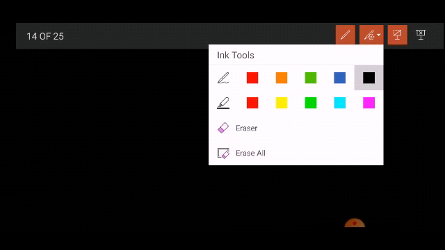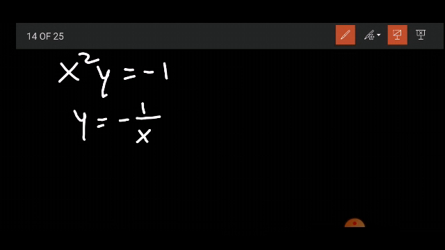So let's say x square y equal to minus 1. Our planning is like this: y equal to minus 1 by x square. How to plan this? In step 1, first of all, we'll graph y equal to 1 by x square.